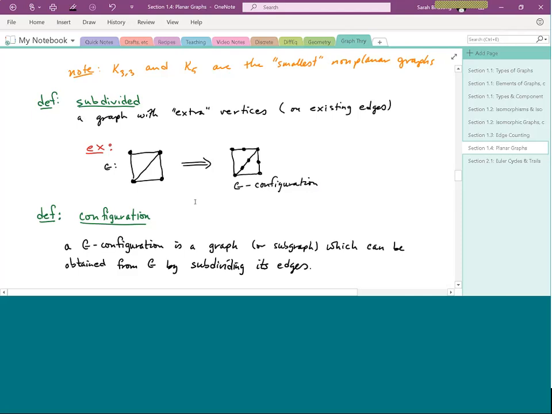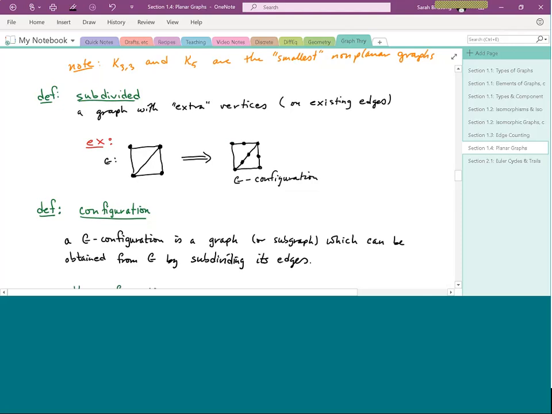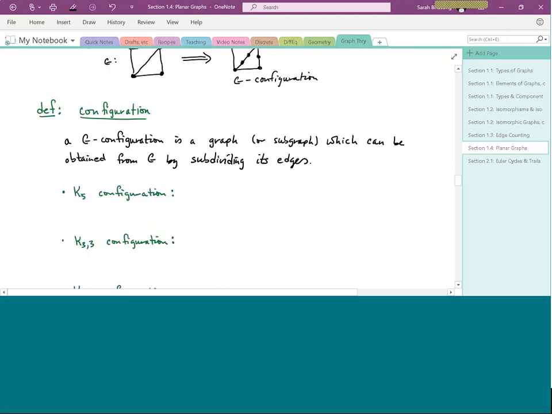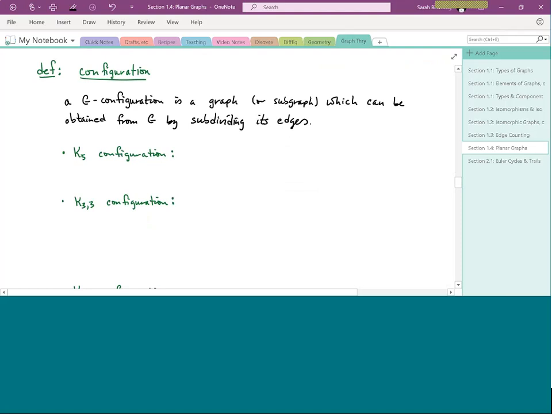Now, we care about 2 special types of configurations. We care about a K5, a complete graph on 5 vertices, configuration and a K3,3 configuration. So let us look at examples of these 2 guys. If you look at a K5 configuration, first I'm just going to draw K5.